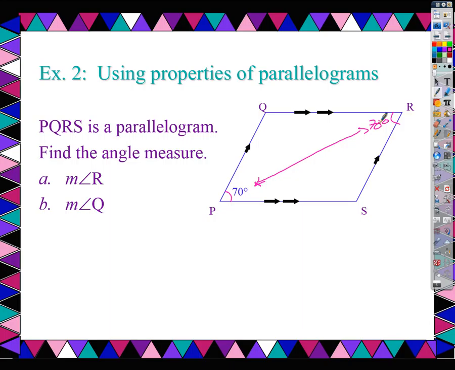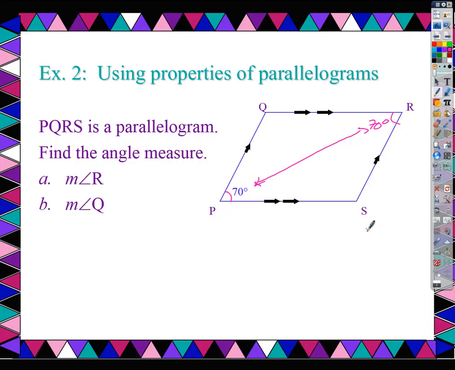Okay, so what else? Abby, what about the measure of angle Q? It's gonna be the same as the measure of angle S, that's true. We don't know the measure of angle S though, so can we figure it out? Is there a different relationship we could use there? Supplementary.